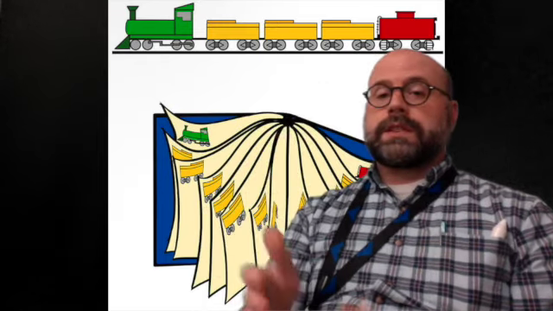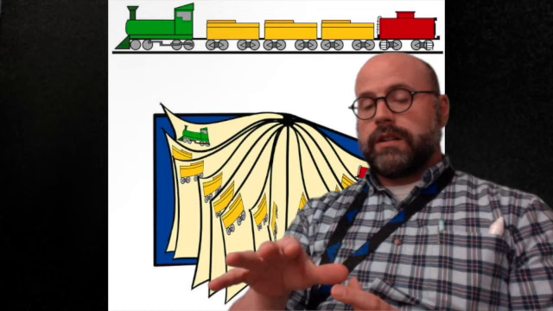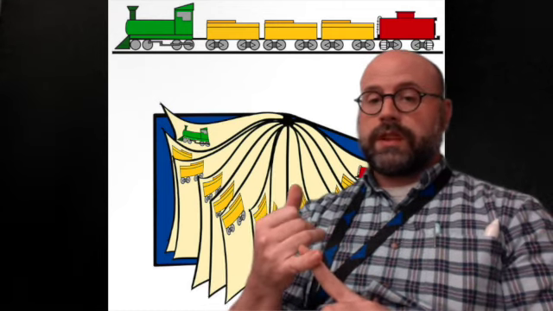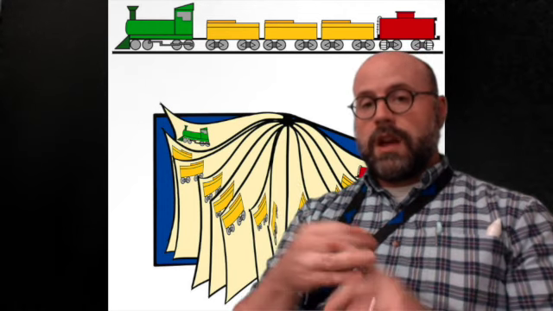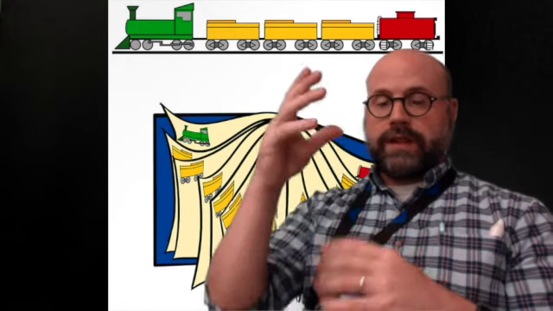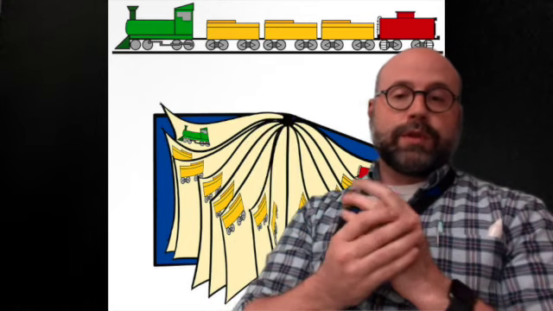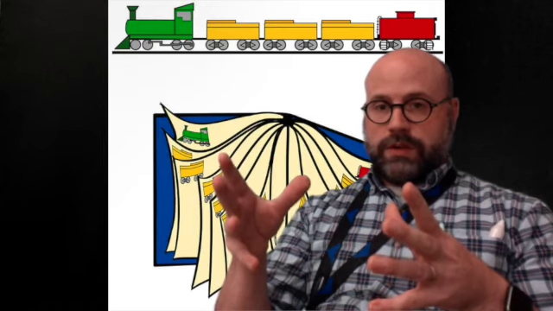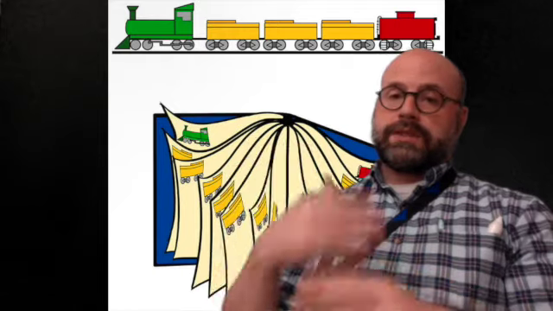One of the other inference skills is connections. That is you, the reader, making connections to yourself. You're making connections to another text. You're making connections to the real world. You remember our graphic, and I will have this as a slideshow of all of the different icons we've used.